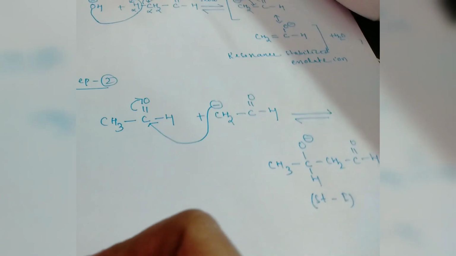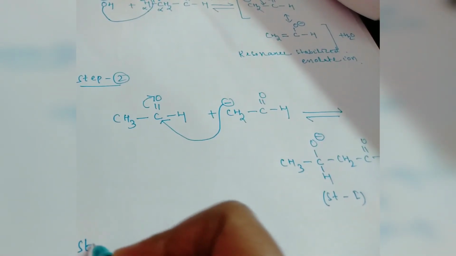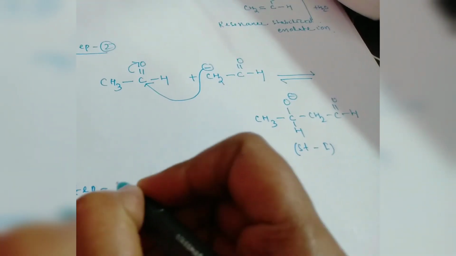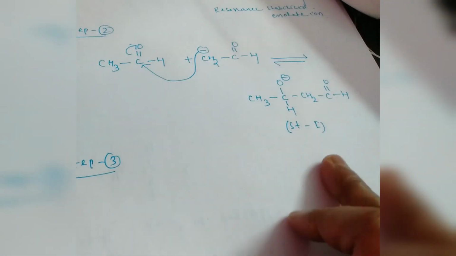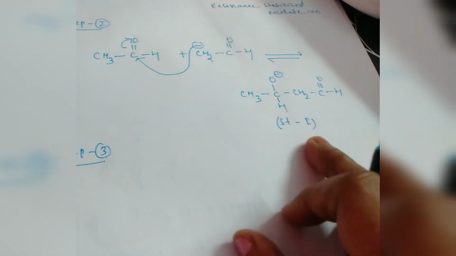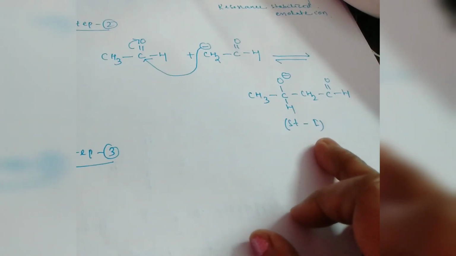Now what happens in step 3? In step 3, again the anion which is formed takes away one proton from the water molecule.